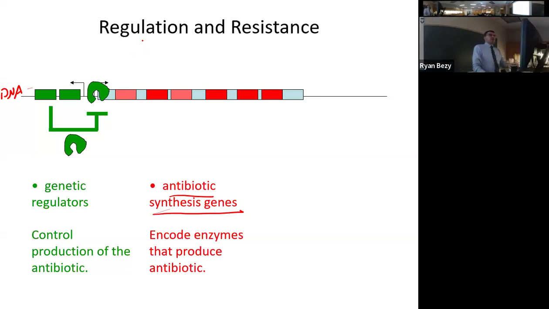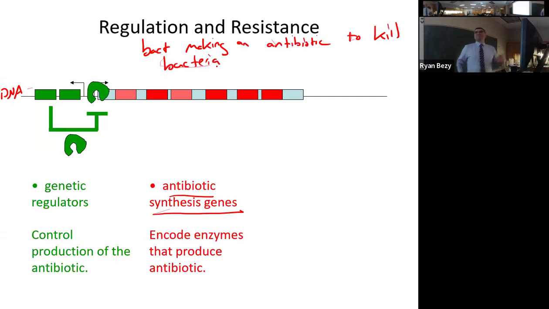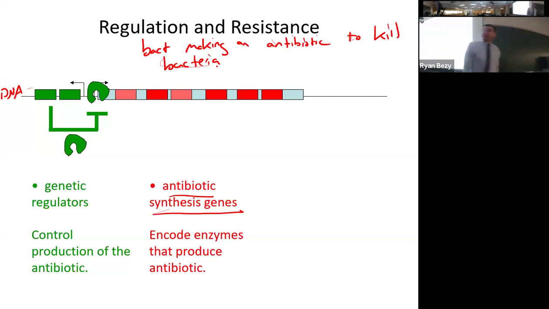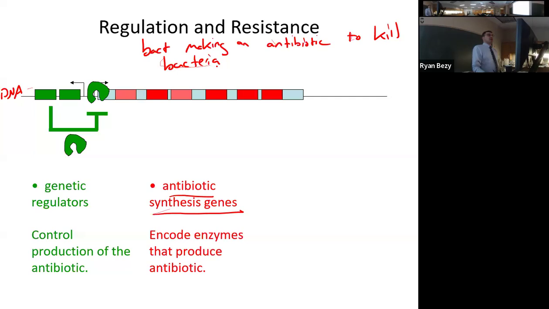Okay, when they're trying to eliminate their competitors is when they're making it. But here's the other thing. We got a bacteria making an antibiotic to kill bacteria. What's the problem with that? Yep. It can kill itself. What's to stop a bacterial cell from making an antibiotic, and then the antibiotic just comes right back and kills the bacterial cell? That could happen.